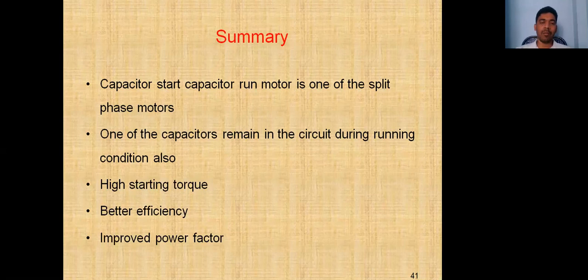High starting torque, better efficiency, improved power factor.